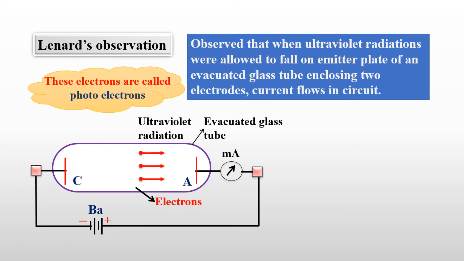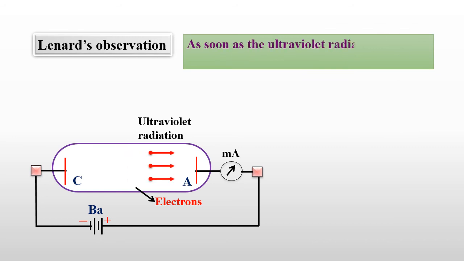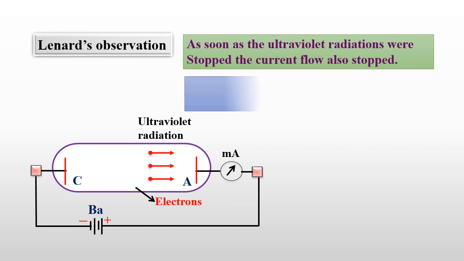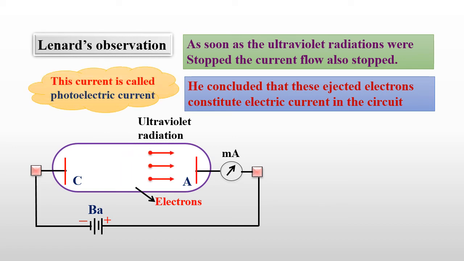These electrons are called photoelectrons. As soon as the ultraviolet radiations were stopped, the current flow also stopped. He concluded that these ejected electrons constitute the electric current in the circuit. This current is called photoelectric current.